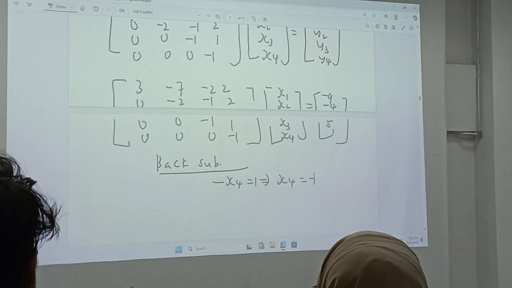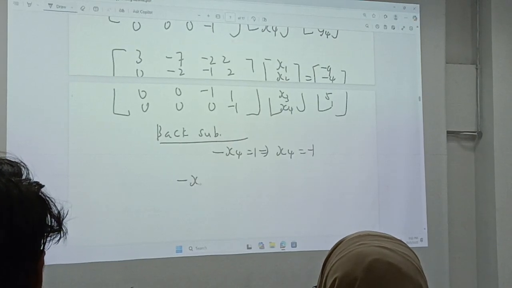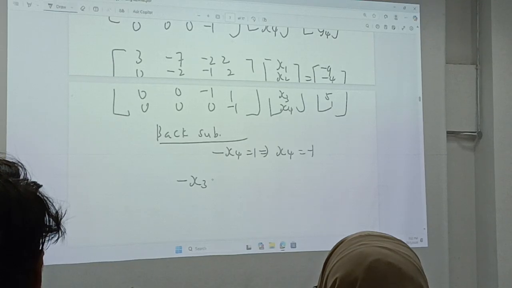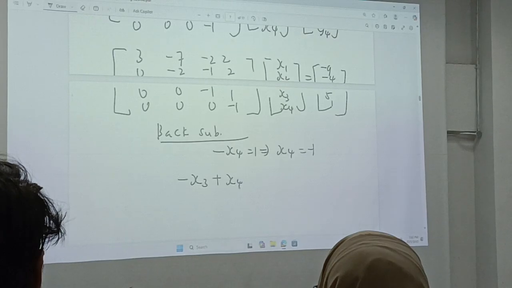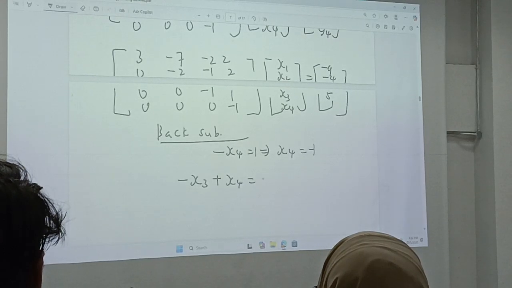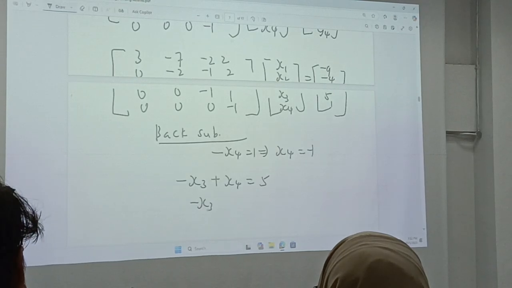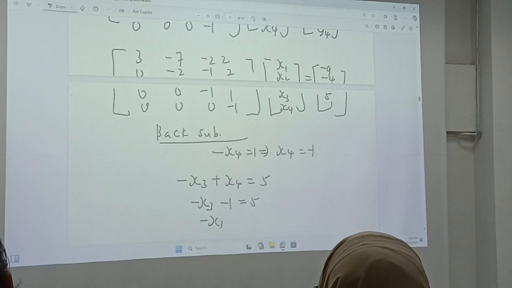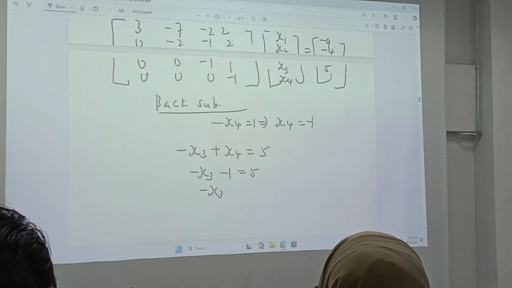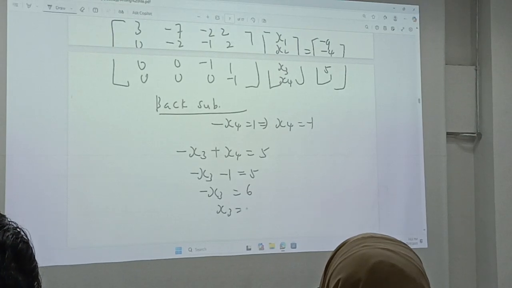And then move on to the second row: -1 times X3, plus 1 times X4 equal to 5. So X3 equal to -6.